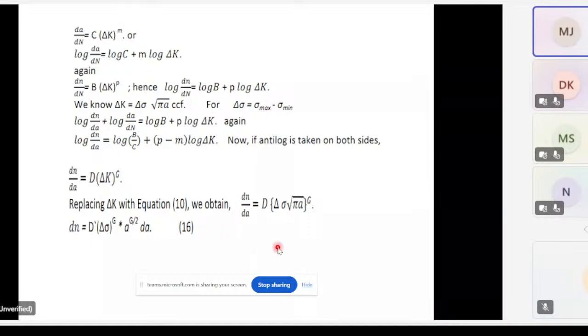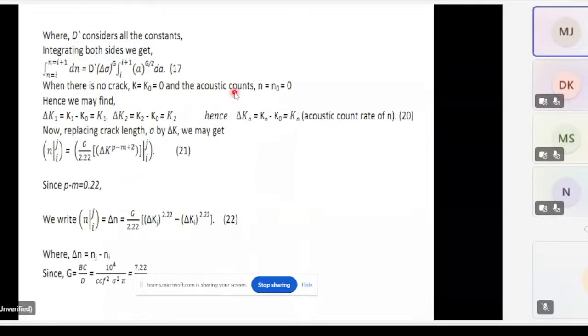Now the process is very simple. Once I get this form, my job is to integrate. Once I integrate, I have to calculate the integration constants. So how do I do that? When there is no crack, K is equal to K0 is equal to 0. When there is no crack, the acoustic emission N is equal to N0, which is 0.